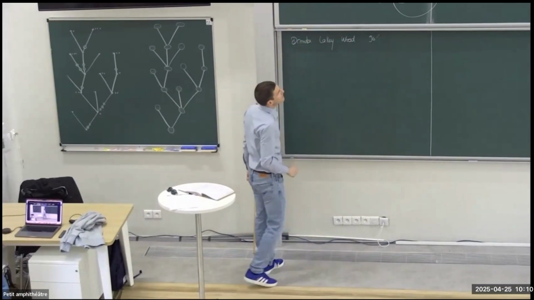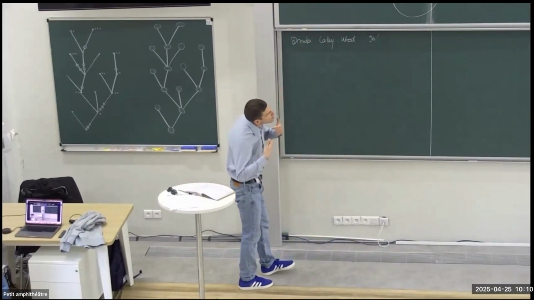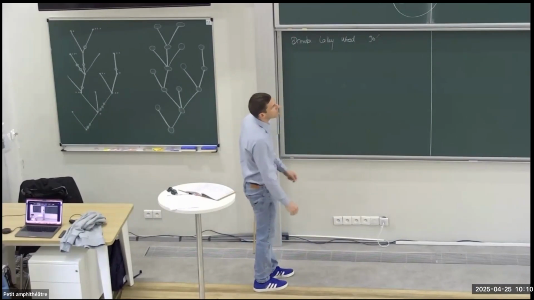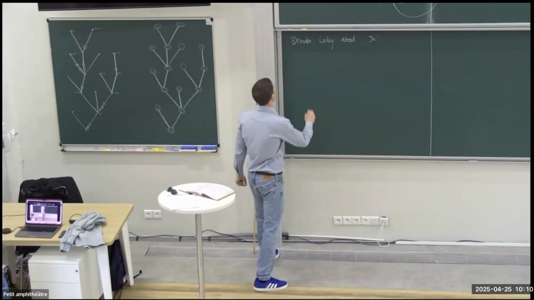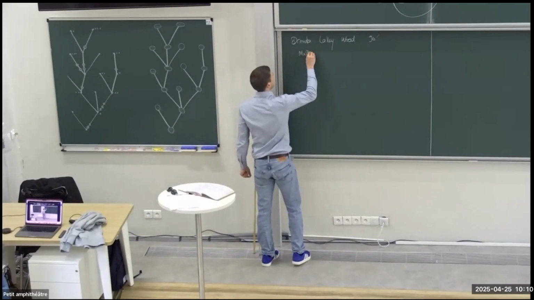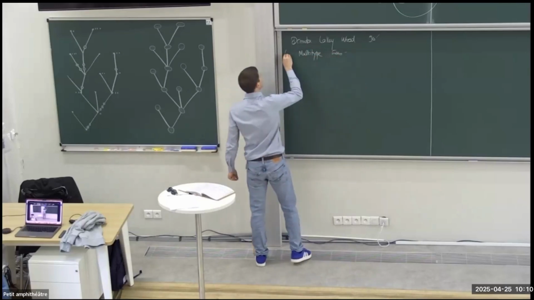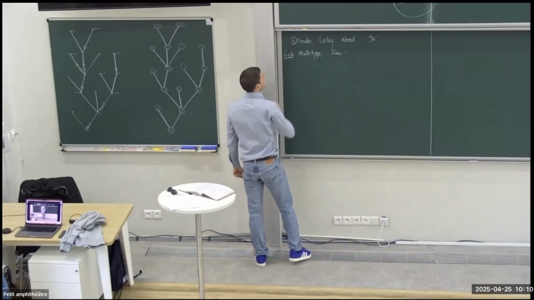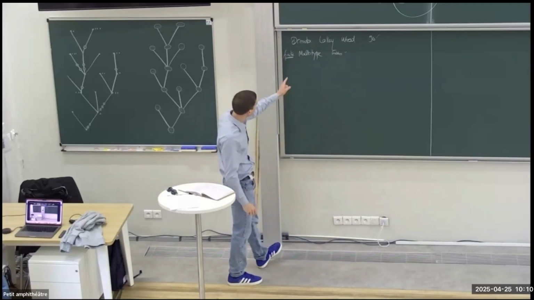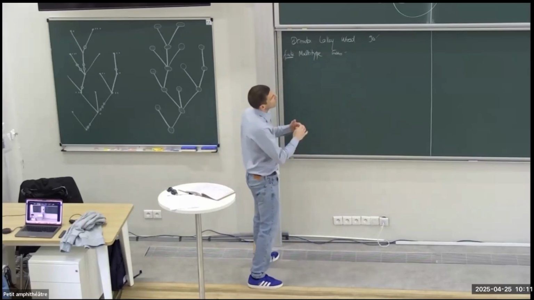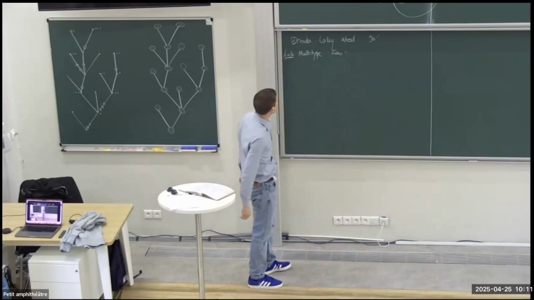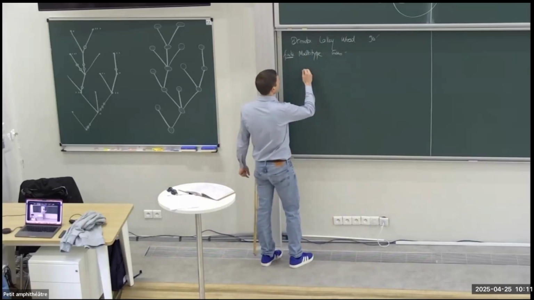What they prove is that if you have even a multi-type version of this enumeration, so it's multi-type trees, but let me emphasize that it is finitely many types. So if you have finitely many type trees, when you want to enumerate them, then you will enumerate them according to their type.